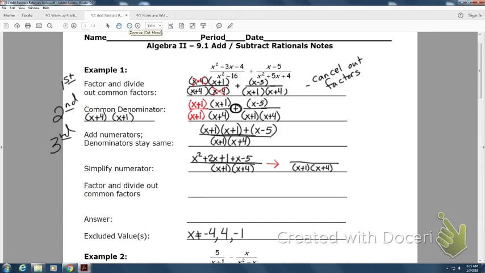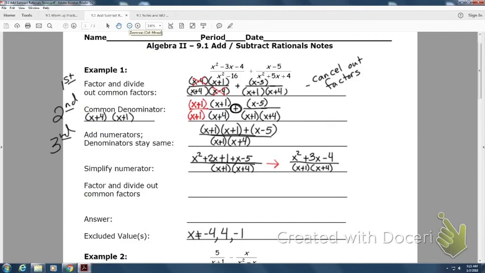So I've got x squared, 2x plus x is 3x. And then 1 minus 5 is negative 4. Okay.